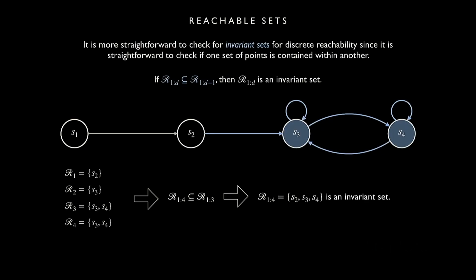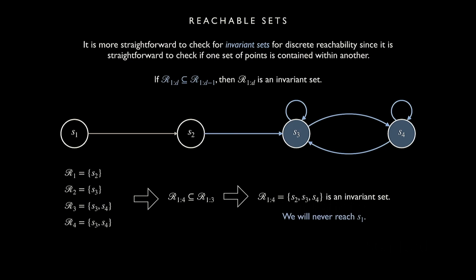I feel like you would always have this happen, because you could just reach all states that are reachable. Oh no, we do, right? Because R1 through 4 will... Yeah, so I think it is the case.